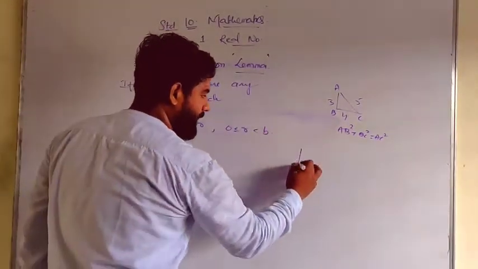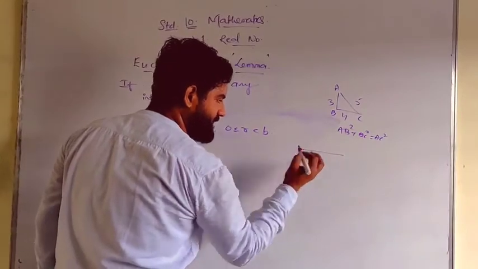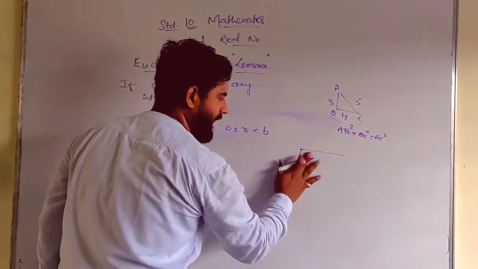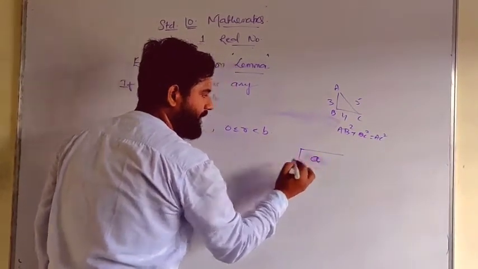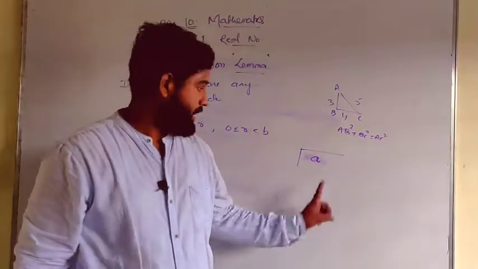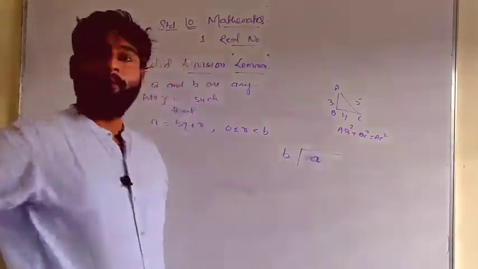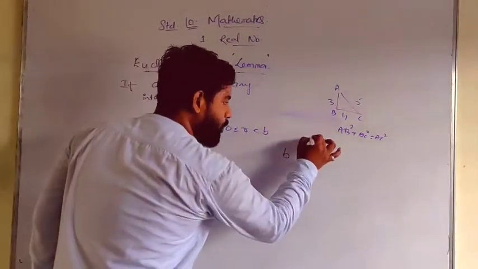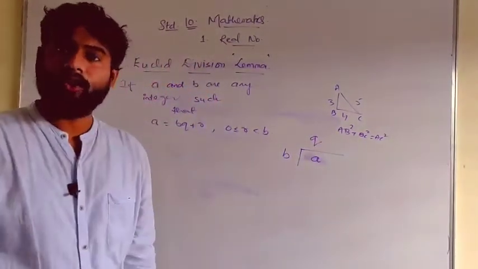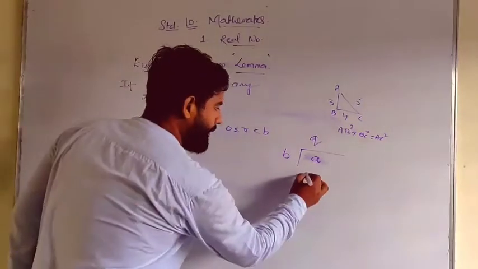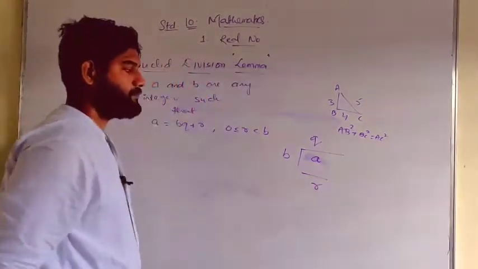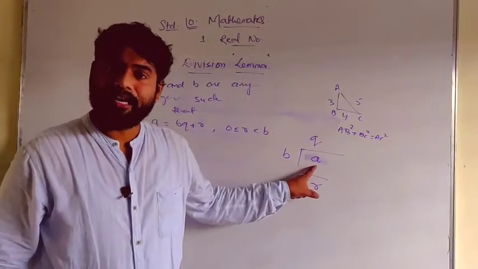Now you know that in a division, whatever is inside the division, we take it as a dividend. So let me take my dividend as A. Now if I divide this dividend by B, I am going to get some quotient Q and some remainder R. Right? A is my dividend.